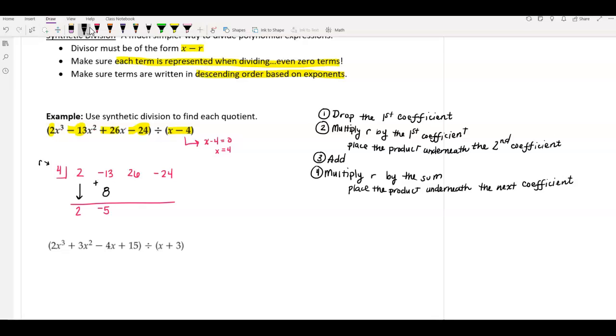All right, now it's 4 times negative 5, which gets us negative 20. We're going to add. So once again, add. 26 plus negative 20 gets us a positive 6.